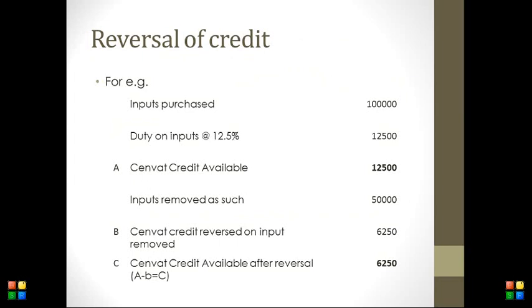If input is removed as such, that means out of that 1 lakh rupees purchase, 50,000 rupees of goods are removed as such, then the Cenvat credit reversed on the input removed is proportionate, that is 12.5%, which is 6,250, and that will be reversed. So Cenvat credit available after reversal is 12,500 minus 6,250, that is 6,250. That means if we remove goods as such, we need to reverse the Cenvat credit also.